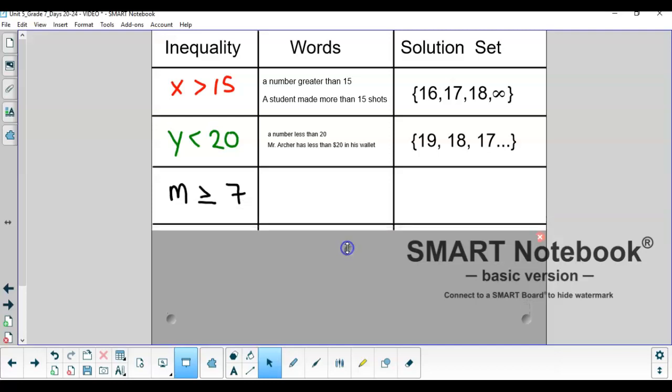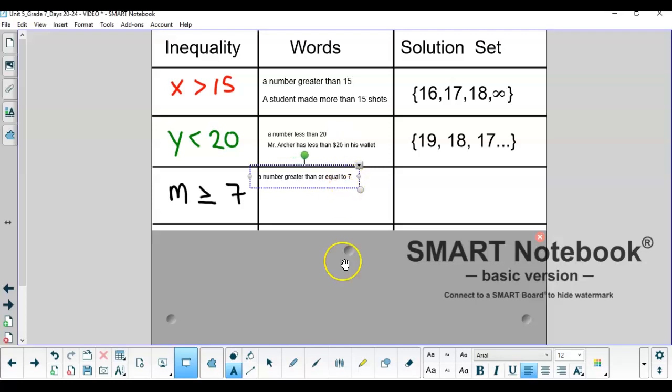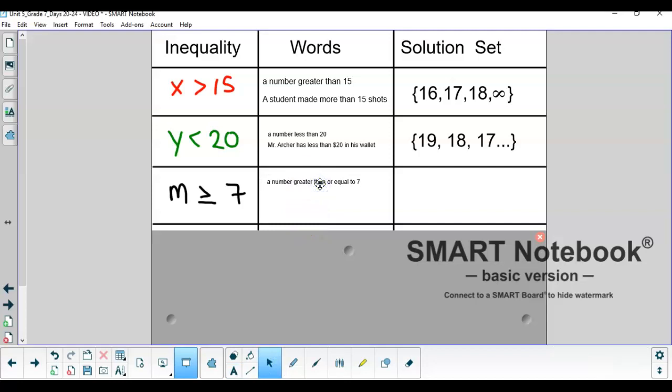So now, next example, we have m is greater than or equal to 7. So again, if I wanted to say this, I could say a number that is greater than or equal to 7. And again, a real world scenario of this might be, I went to Chick-fil-A at least 7 times this month.